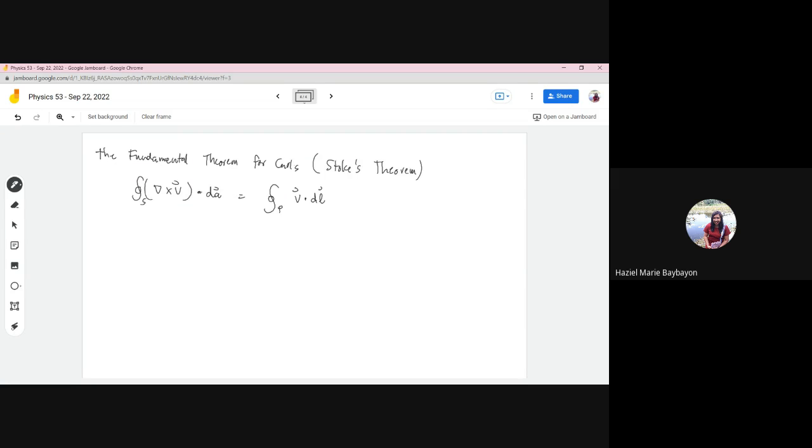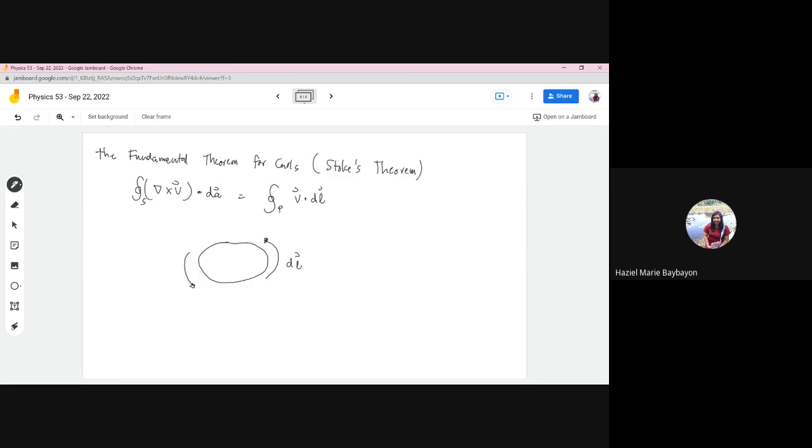Okay, so for example, you have a swirl. Your four fingers, class, except the thumb, go in this direction. Okay? So this is the direction of your dl.